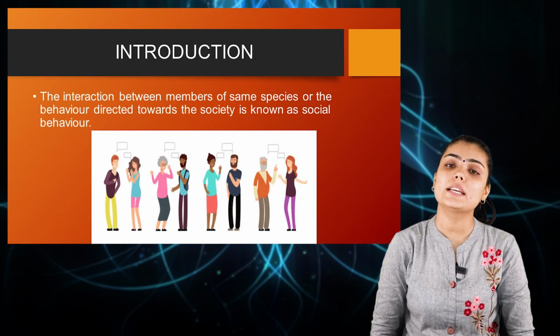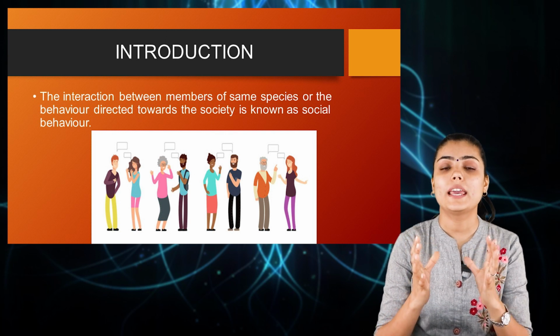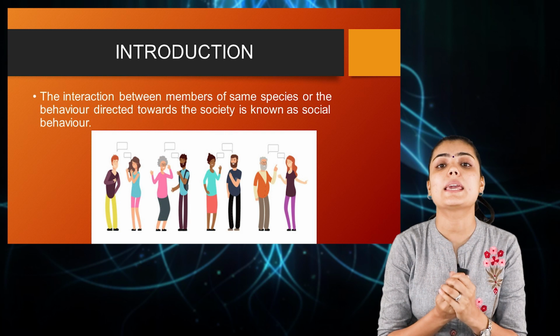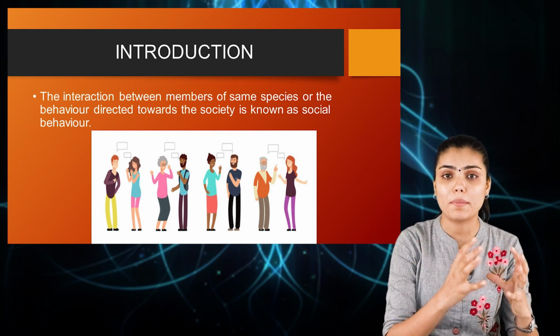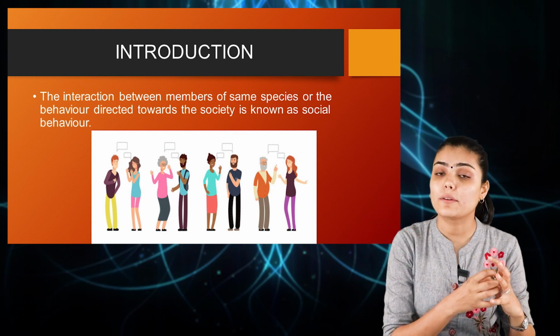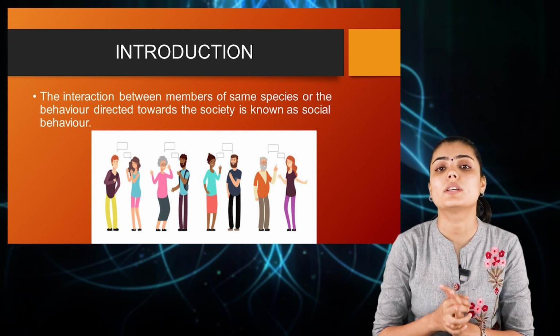Now, when I say social behavior, what do you understand? Social behavior is the interaction between members of the same species. When there is interaction going on between members who belong to the same species, or any behavior directed towards the society, it is called social behavior.